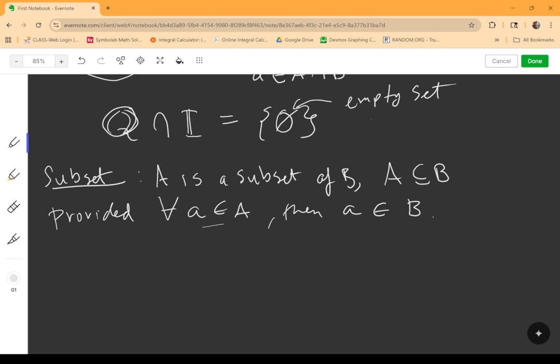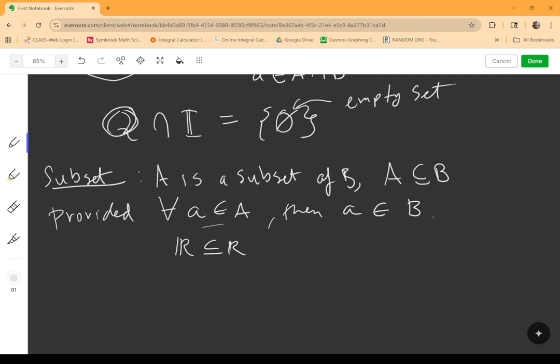Now, even further to that, we can define the idea of a proper subset. Because with this statement, it would not be incorrect to say R is a subset of R. That would hold with the statement given above.